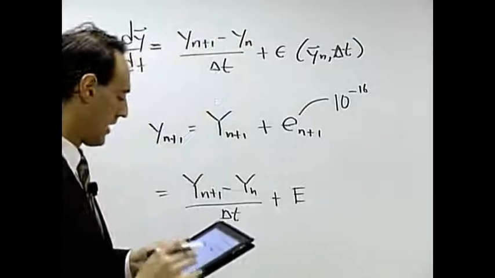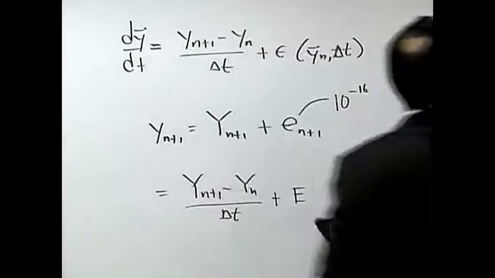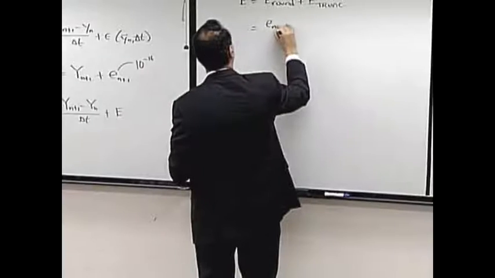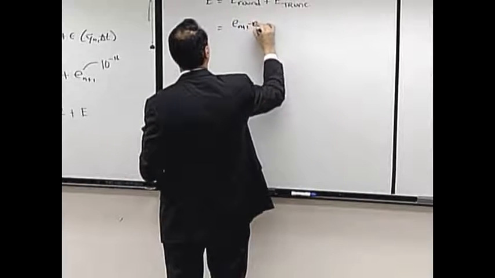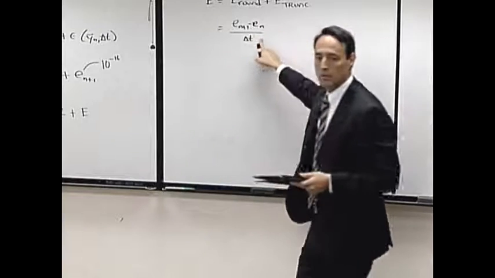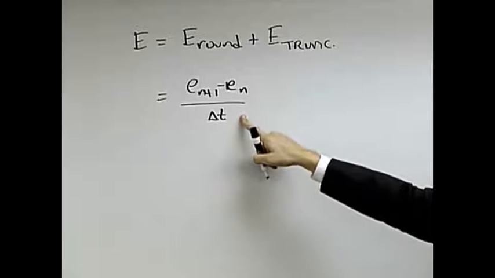And then we ask, what's in that error? Well, the error is composed of two things, round off plus truncation. The truncation error we just talked about, but the round off is the following. You round off these numbers. That's my round off from computing that difference.